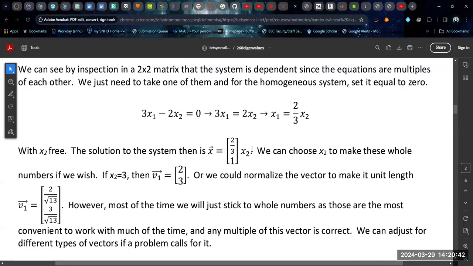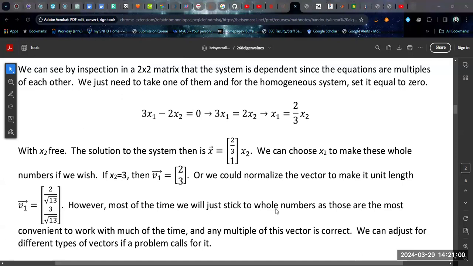So if I chose x2 to be 3, for example, then 2/3 times 3 would just give me 2 in the upper component. And so I want to normalize my vector. Typically for eigenvalue and eigenvector problems, I do want to make sure that I get whole numbers. It just makes the math easier to work with later rather than having to work with fractions.